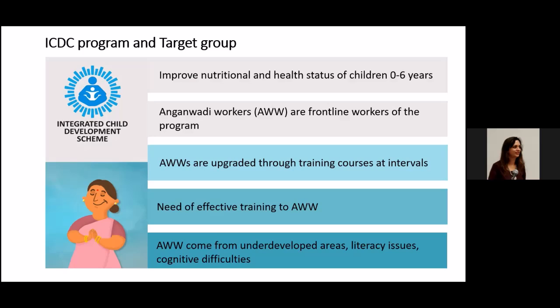It is a scheme to improve the nutritional and health status of children 0 to 6 years. The scheme also includes pregnant women and adolescent girls. And these Anganwadi workers are the frontline workers of this program.